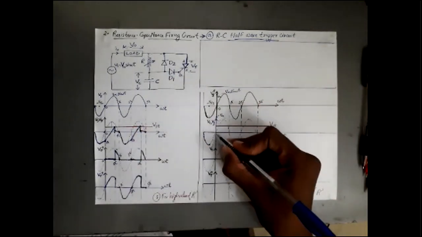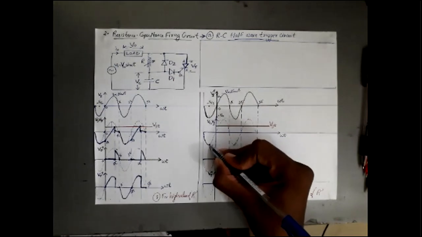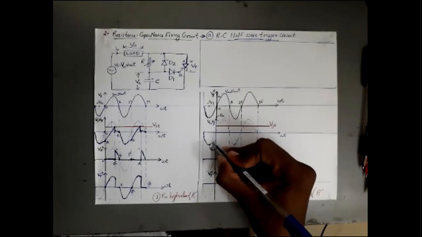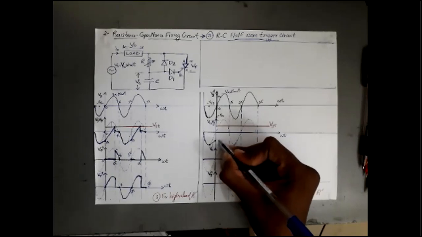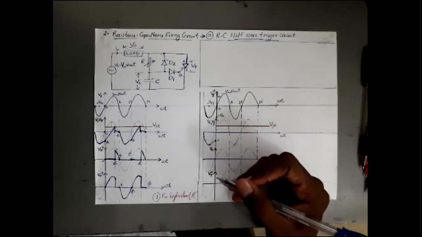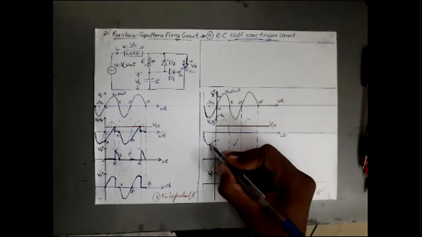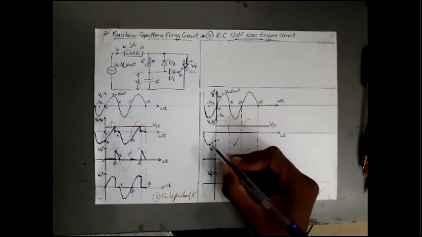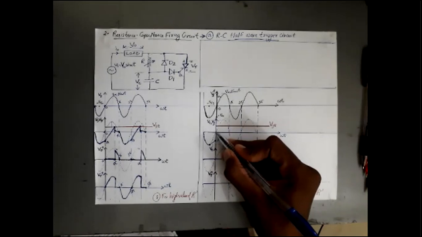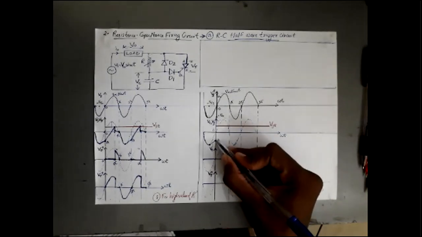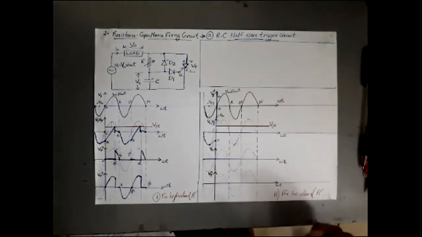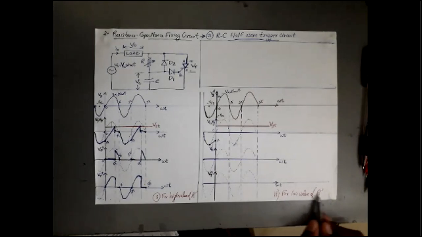Voltage starts reducing, so my capacitor voltage also starts reducing up to point A. As I said before, capacitor will oppose sudden change in voltage. So even if the applied voltage has reduced to zero, my capacitor voltage will have a negative voltage OA here. Clear? And from this point, there is the importance of resistance R.